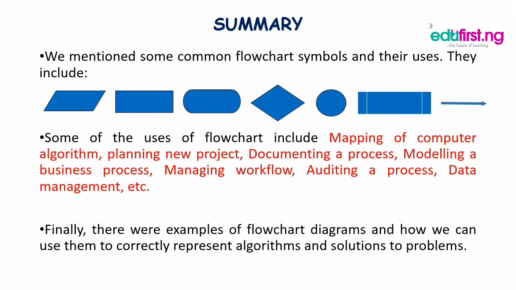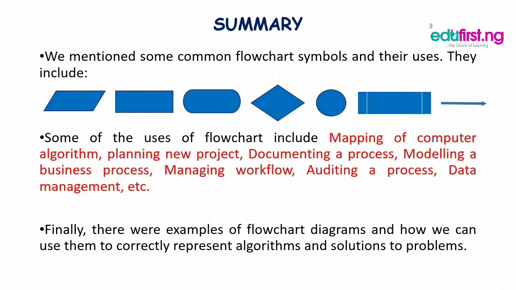Alright, now we can summarize what we have learned as follows. We mentioned some common flowchart symbols and their uses. They include the rhombus, the rectangle, the oval, the kite, the circle, the arrows, and the process shape.